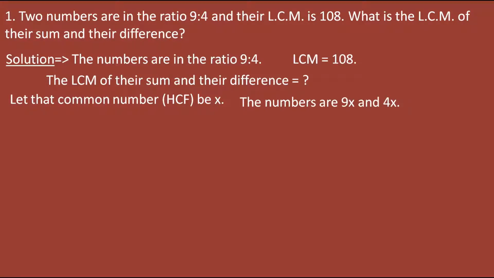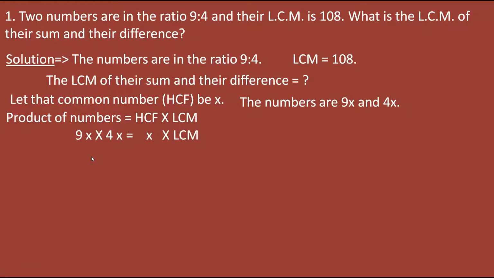Now I'll tell you one formula: product of numbers is equal to HCF into LCM. When we use this formula, it will give us the value of HCF. The product of the numbers means we multiply 9x and 4x, and it equals HCF into LCM. So 9x into 4x is equal to x, the HCF, into LCM.